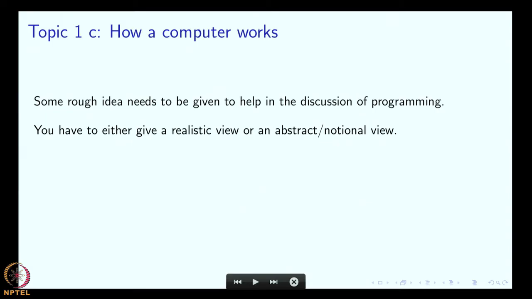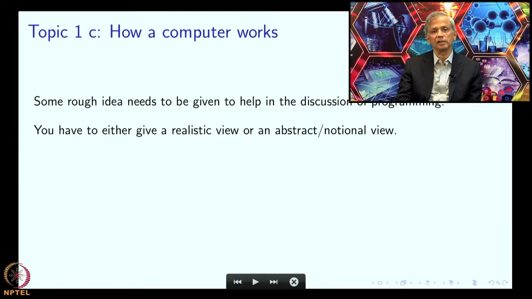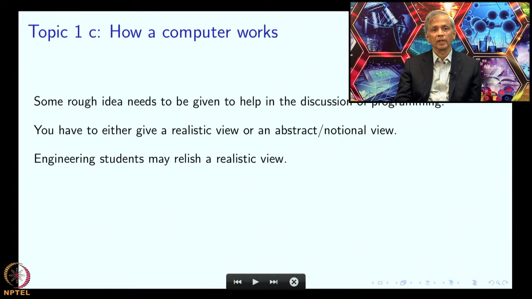You could use anthropomorphic terms, that a computer is like a dumb human being or something like that, or you could try to give a view which is more realistic. Engineering students, I think, will like a realistic view if they can understand it. And in fact, that is what I recommended, and it is done in chapter 2 of this book.